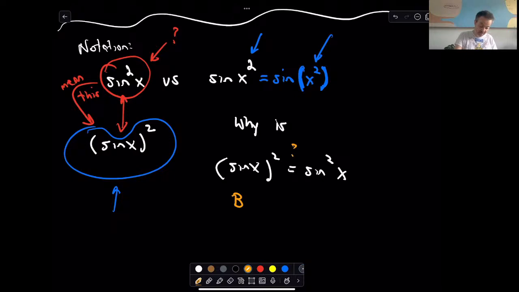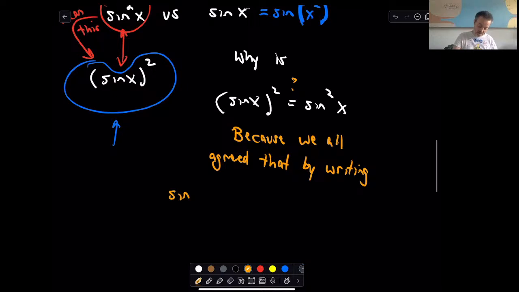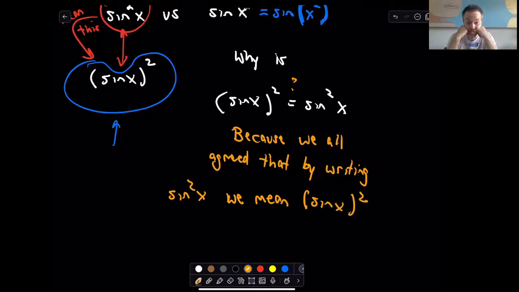Because we all agreed that by writing sine squared of x, we mean sine of x squared. That's it. That's the only reason why they're equal. That's just what the notation means.